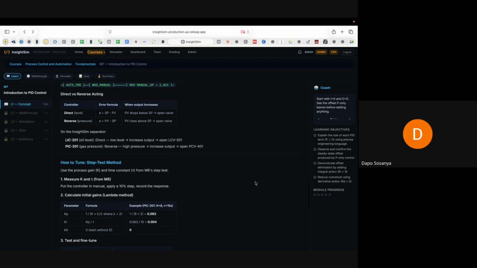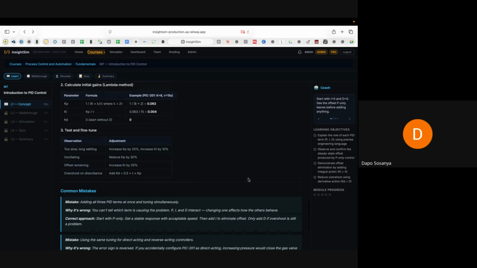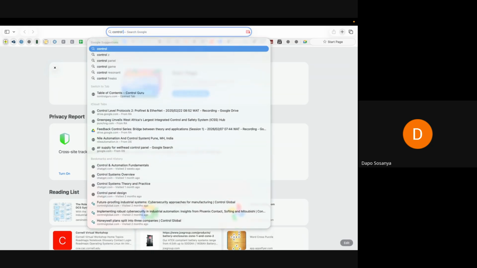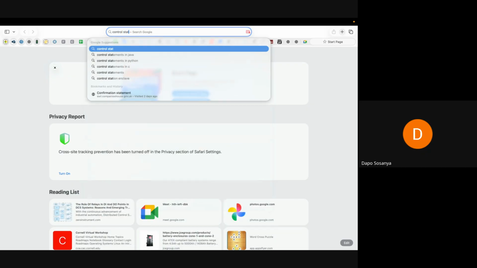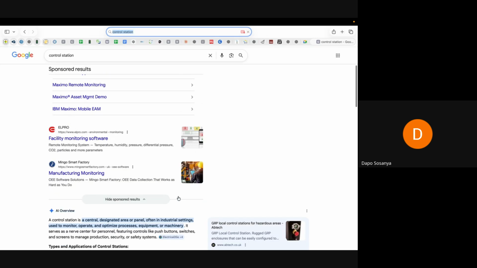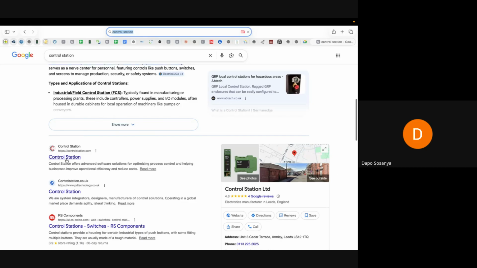There are softwares now. One of the most popular companies that does tuning is called Control Station, controlstation.com.